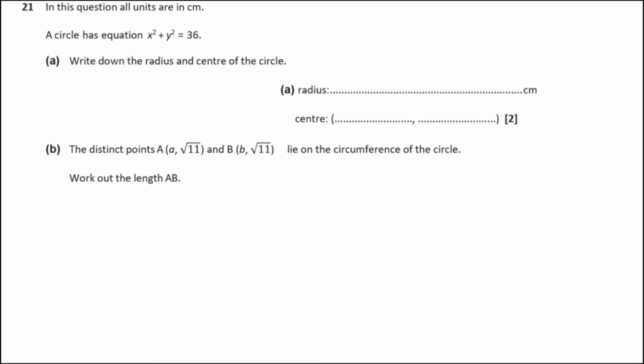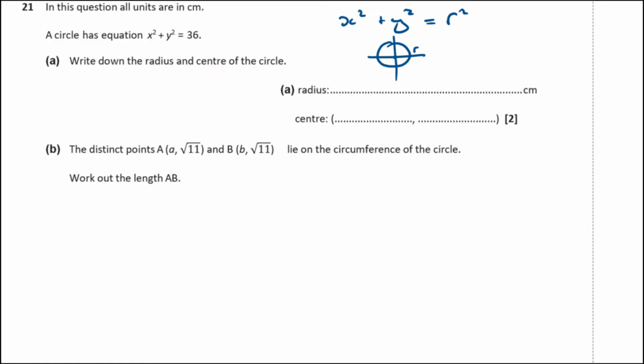In this question, all units are in centimeters. A circle has equation x squared plus y squared equals 36. Write down the radius and the center of the circle. Well, anything of the form x squared plus y squared equals r squared is going to be a circle centered on the origin of radius r.